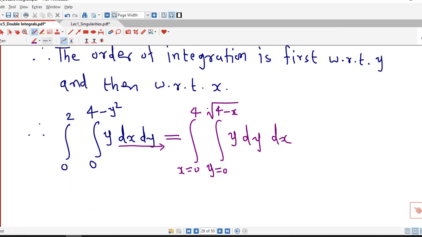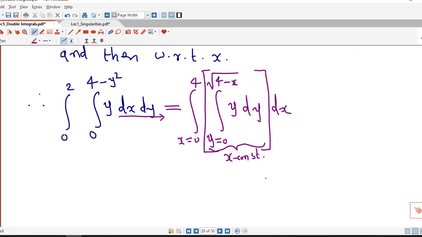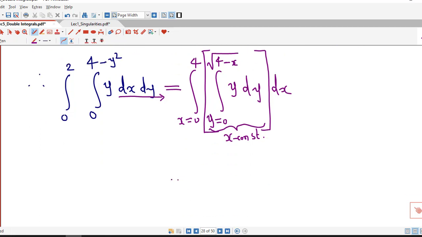So now we evaluate this double integral. First we find the value of the inner integral. Here the integral is with respect to y, so we will treat x as constant, but there is no x term, so no problem. The integral of y is y square by 2.